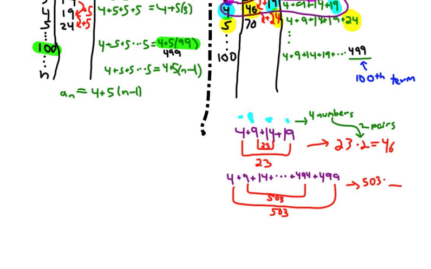When we have 4 numbers and we pair them up, we only have 2 pairs. And we can do that same thing down here. We had 100 numbers, but we're pairing them up, which means that we have 50 pairs. So there are 50 503s. So 503 plus 503 plus 503 50 times is 503 times 50, which is 25,150.